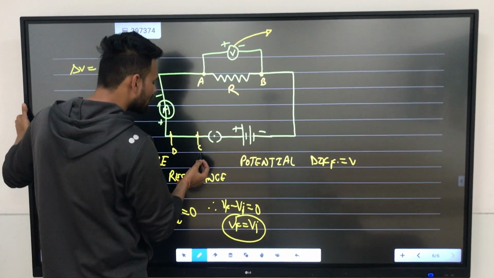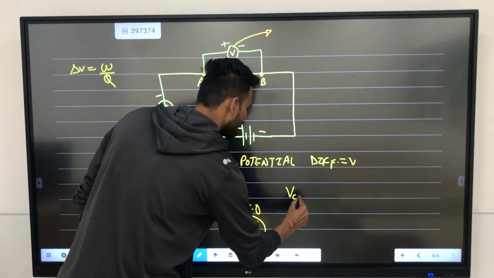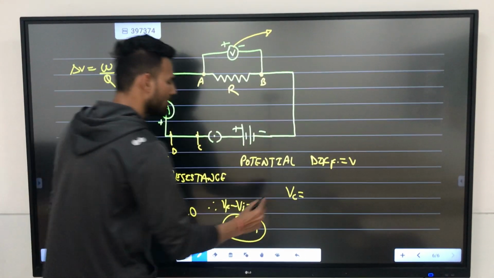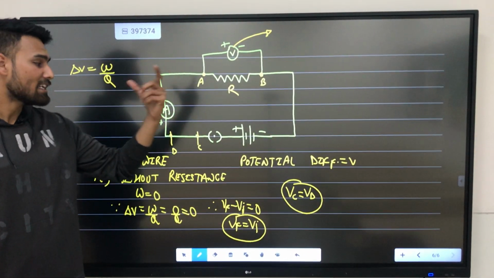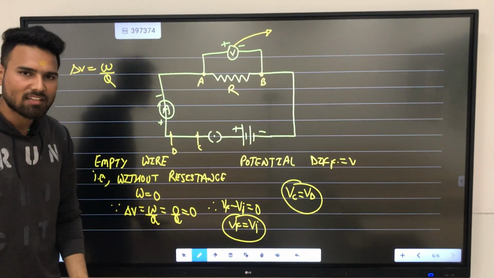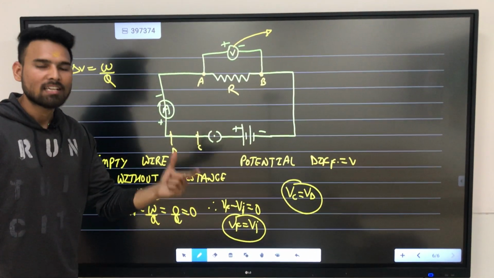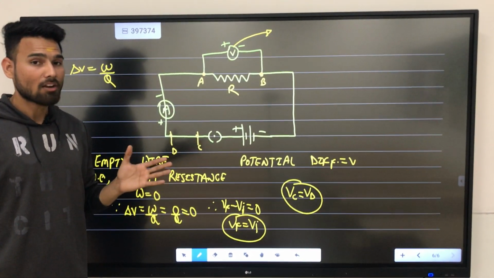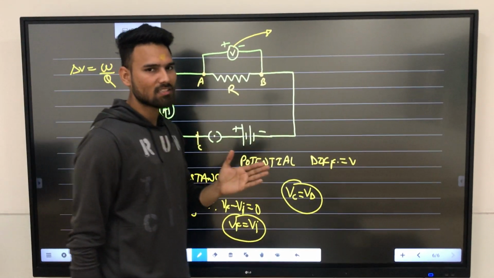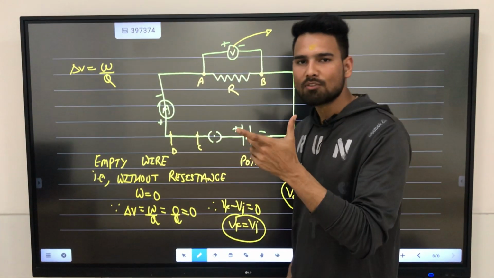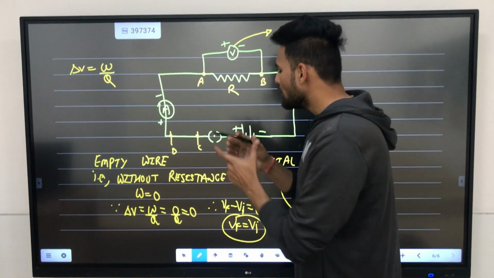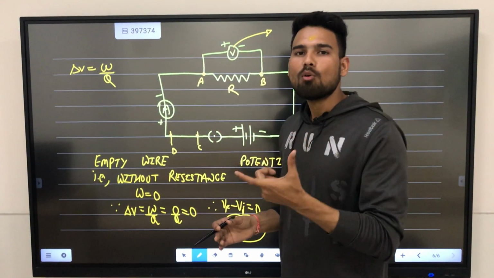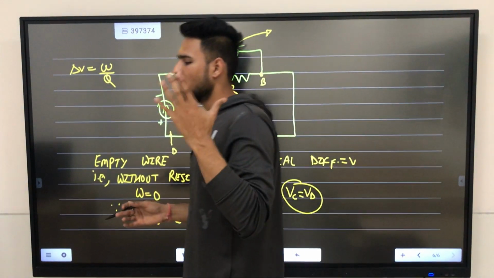Vc is equal to Vd. What does it mean? It means that there is no potential difference between 2 points if there is no resistance. Am I clear or not? If there is no resistance between 2 points, then there will be no work done, and if there is no work done, there will be no potential difference generated.